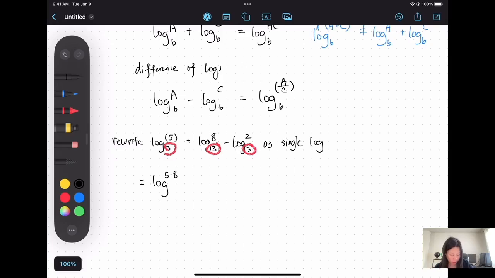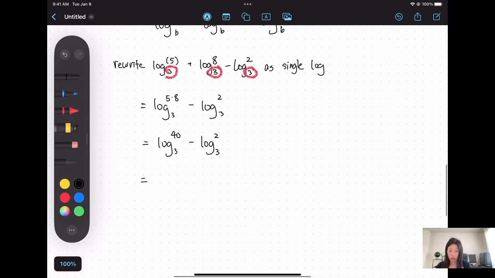So this is multiplied by 8, 5 times 8 is 40. And then subtract log base 3 of 2. And then subtraction will become division. So after they merge into a single log, this is going to become log base 3 of 20.